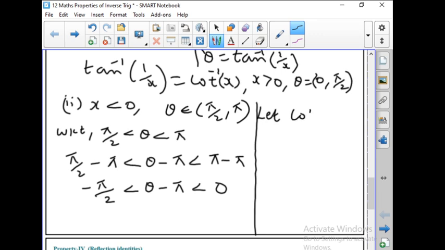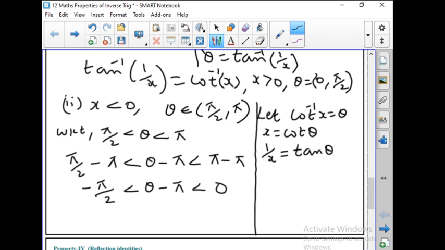So, now let cot inverse of x be equal to theta. So, what is x? x is equal to cot theta. So, 1 by x is tan theta.